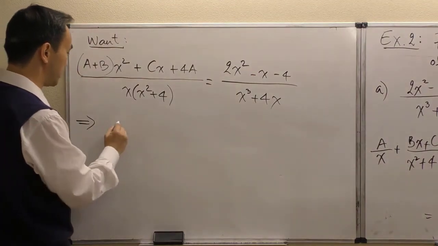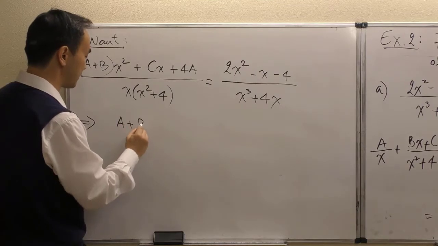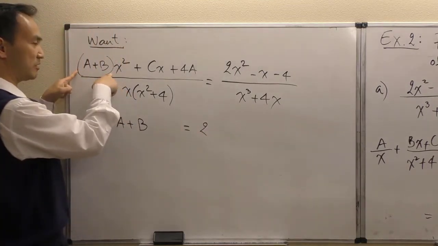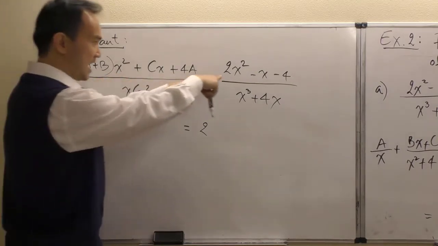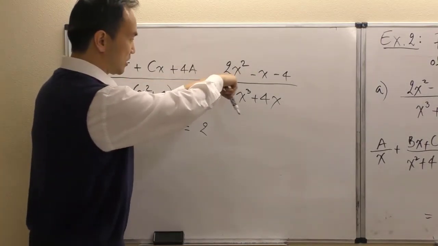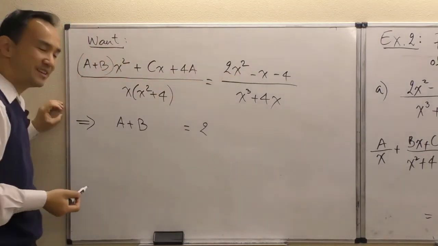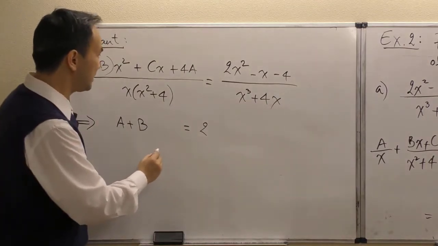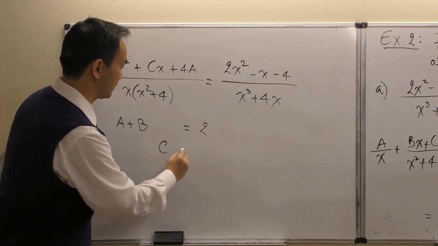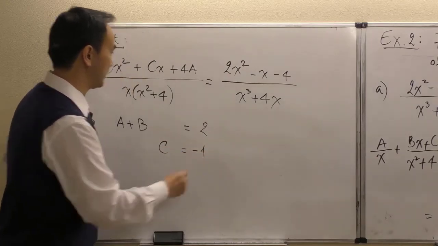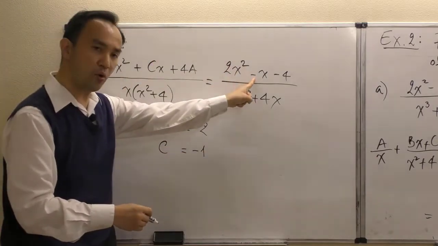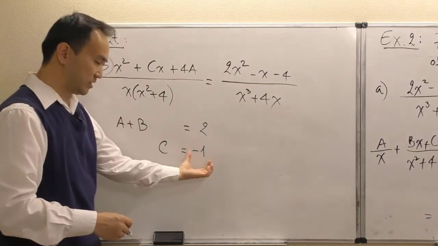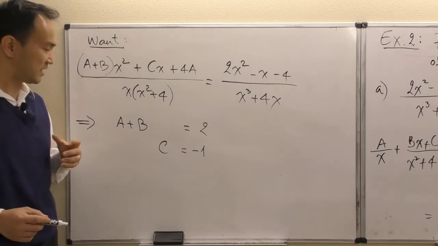All right, so here we go. I'm producing a plus b, and that must equal 2. The coefficient a plus b for the x squared term on the left-hand side has to equal 2, the corresponding x squared term on the right-hand side. In the same way, I need c to equal -1, because c is the x term and minus x on the right is the x term.